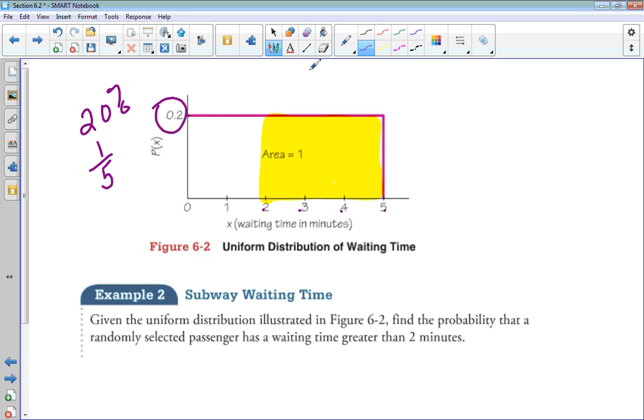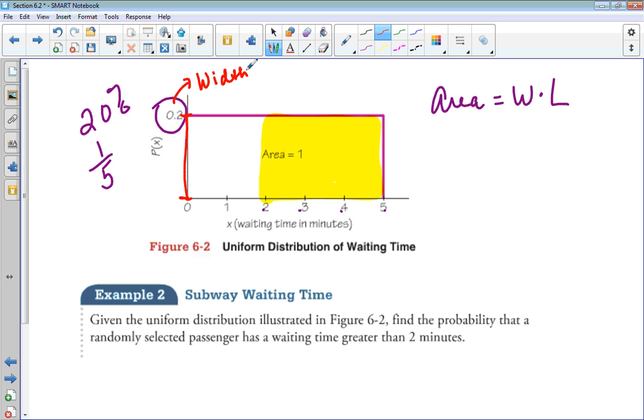Well, let's think about this. We also know that to find the area of a rectangle, the area is equal to the width times the length. We know that from elementary school. The distance from here to here we are given to be 0.2. That's now going to be the width of my rectangle.